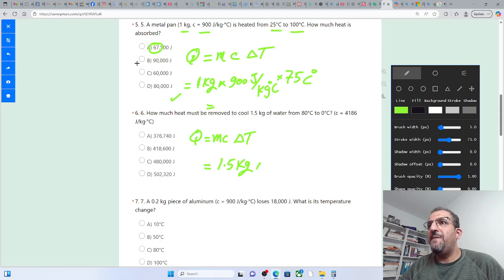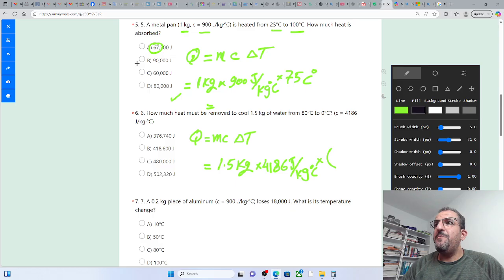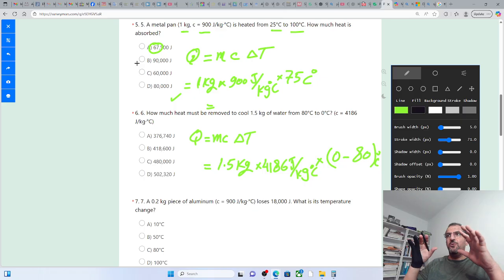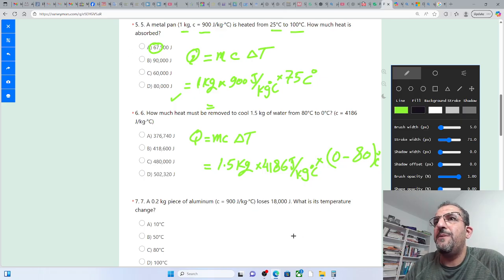We have a specific heat 4,186 joule per kilogram Celsius times final temperature 0 minus 80 Celsius. Okay, because the system cooled down from 80 Celsius to 0.